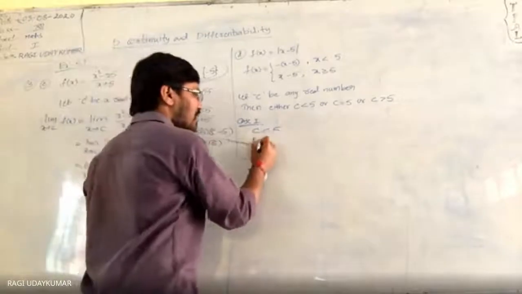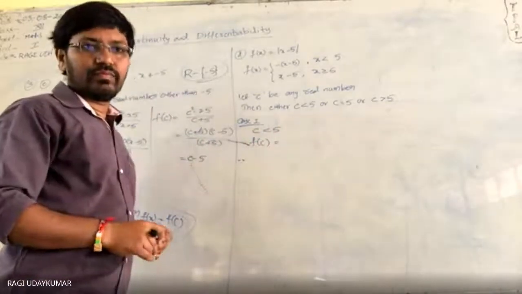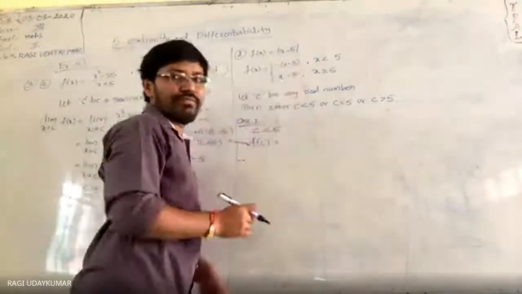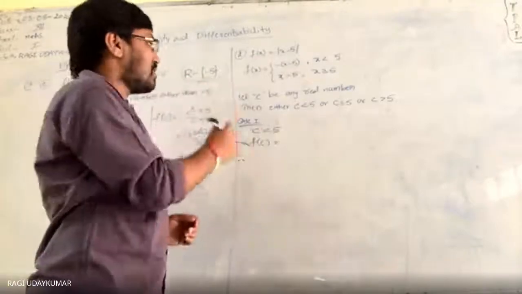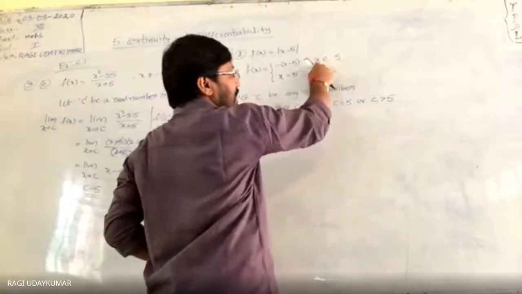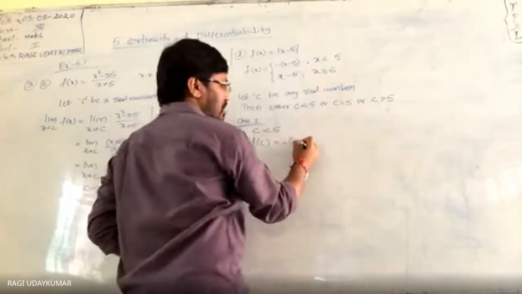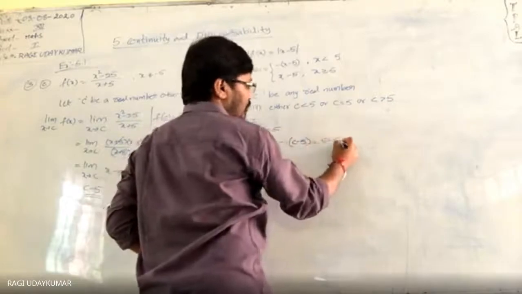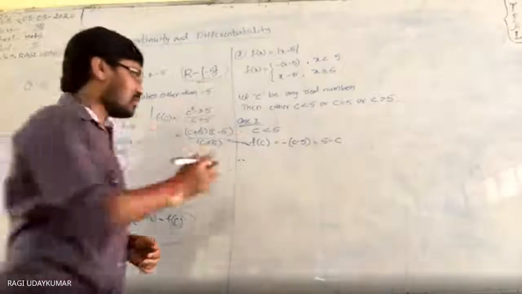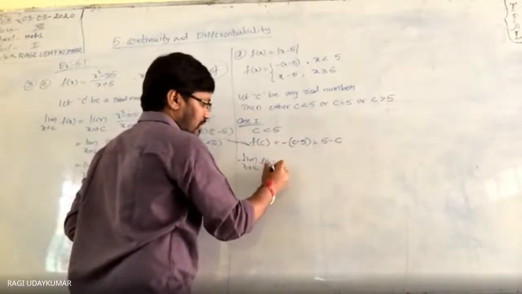Now what value do you get for f of c? Can anyone say? f of c is minus of x minus 5, since c is less than 5, so minus of c minus 5, which equals 5 minus c. Now limit x tends to c of f of x.